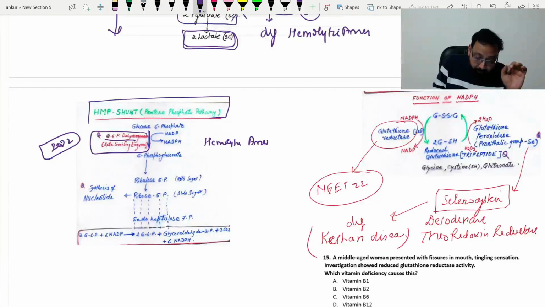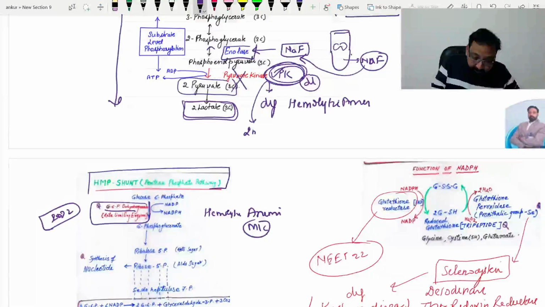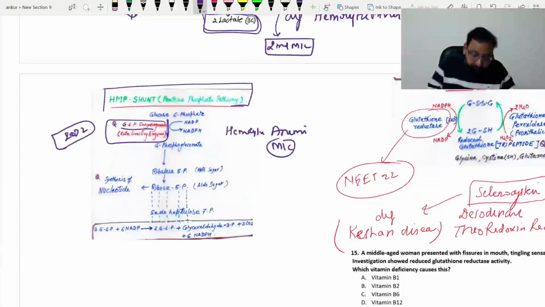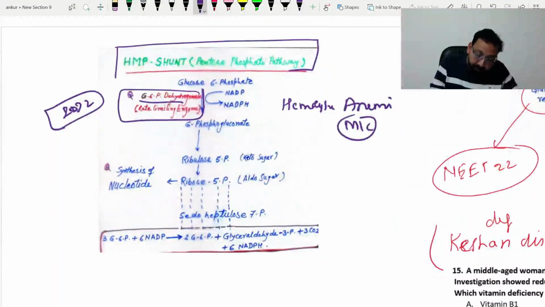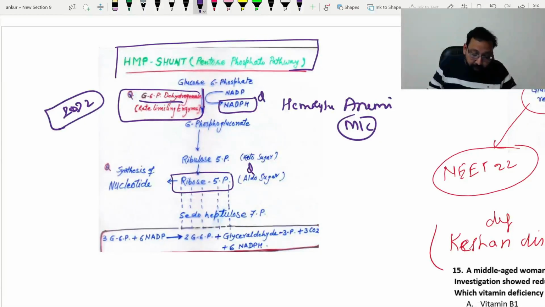Most common enzyme deficiency leading to hemolytic anemia is G6PD. Pyruvate kinase is the second most common. Now the HMP shunt: a question recently asked, HMP shunt gives rise to NADPH. HMP shunt produces pentose sugar. HMP shunt also produces acetyl coenzyme A?